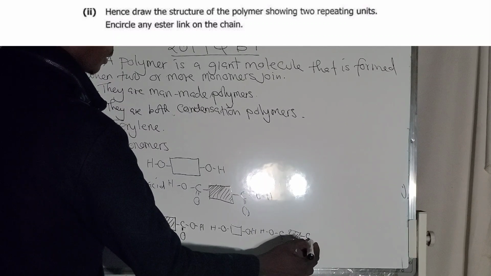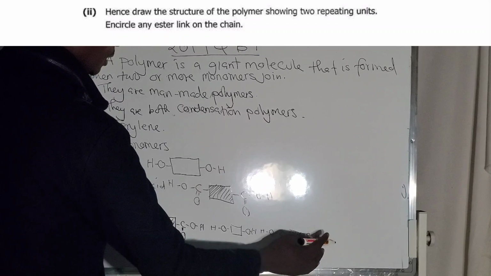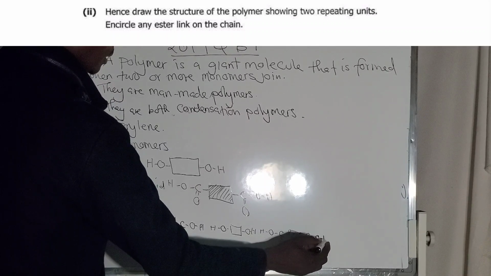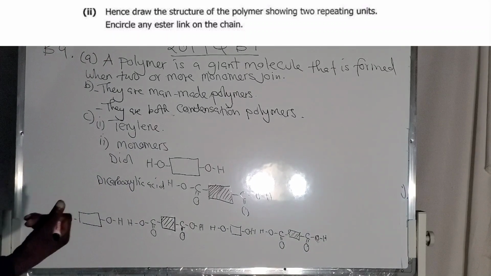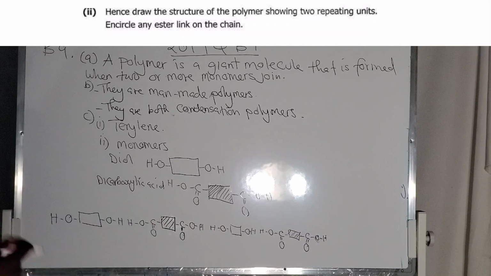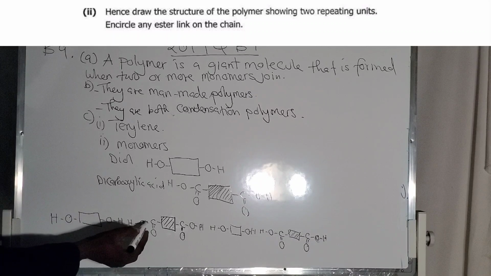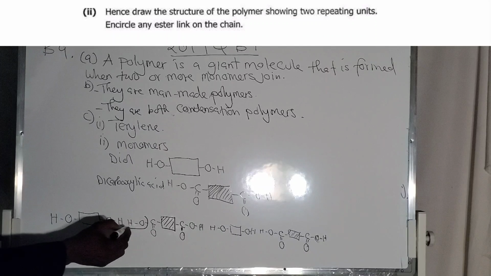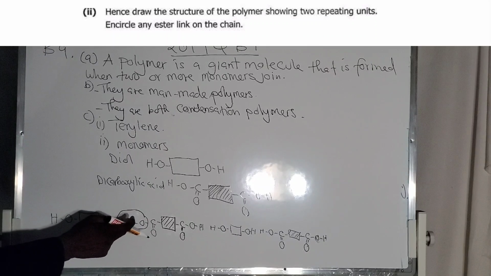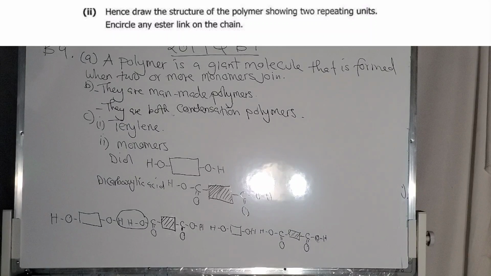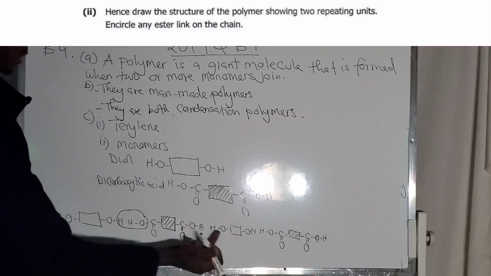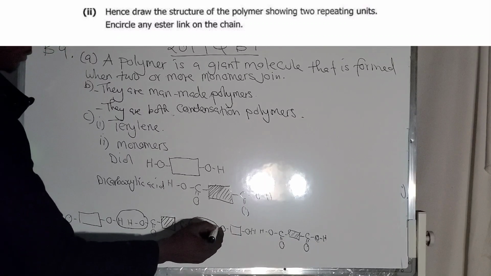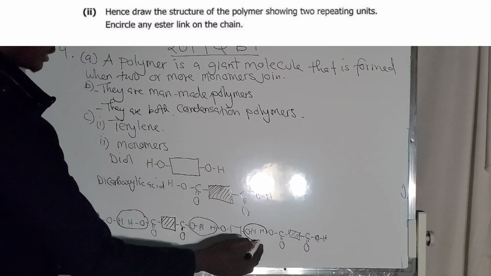Then you have carbon, oxygen, then hydrogen. Remember, when you're condensing these, that is called condensation polymerization, and we are removing water. The oxygen and the two hydrogens will combine to form water. It doesn't matter whether it is this one or this one. This will form water, and this also will form water.